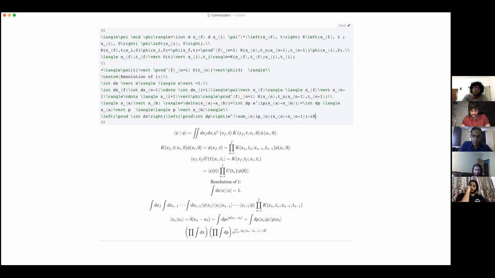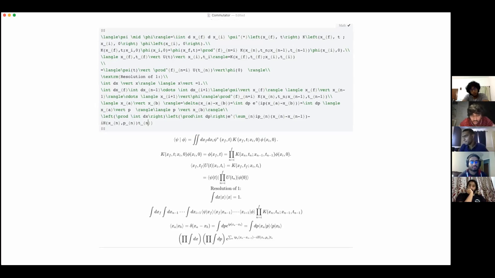Now I can write my k's, right? I have a product of those k's, so in the exponential they're all adding. So I can write my k's in terms of h. Right? So I have this exponential of h(p_n, x_n) times i t_n.